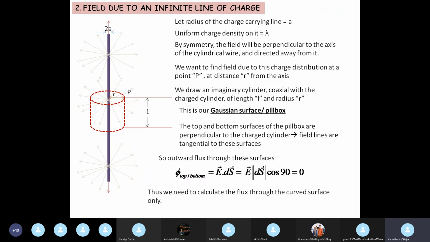So the flux through the top or bottom surface is 0.